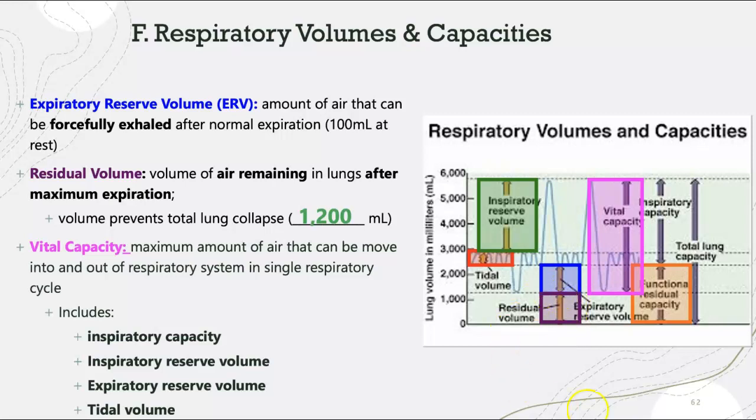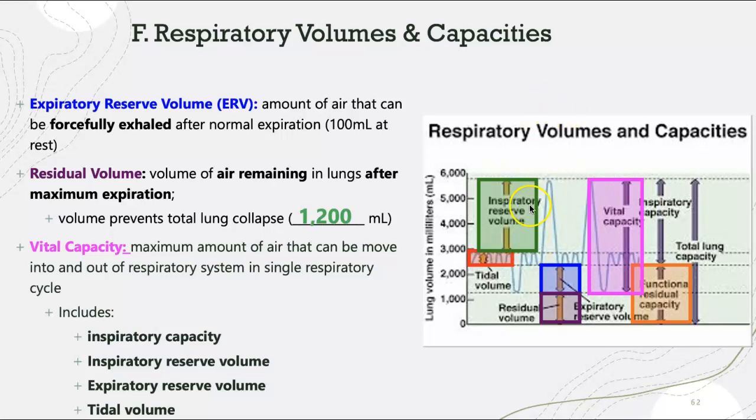And so, excluding that residual volume, we then can measure our vital capacity. This is the maximum amount of air that we are able to move into and out of our respiratory system in a single respiratory cycle.